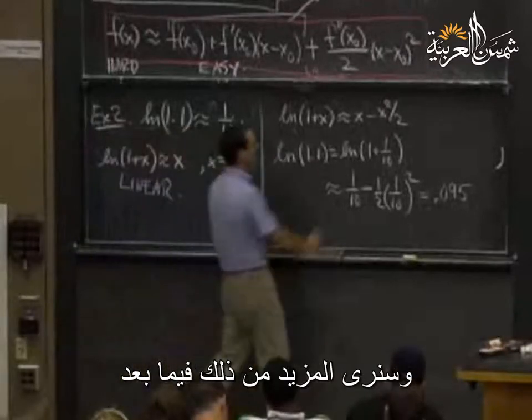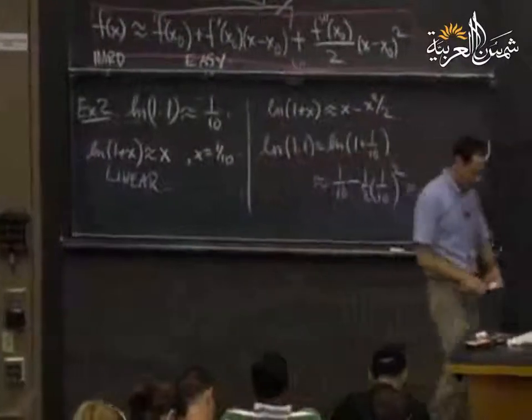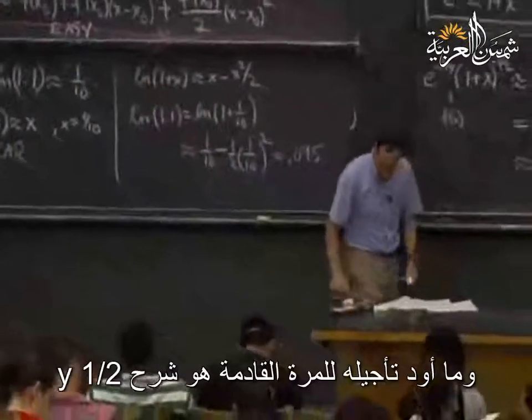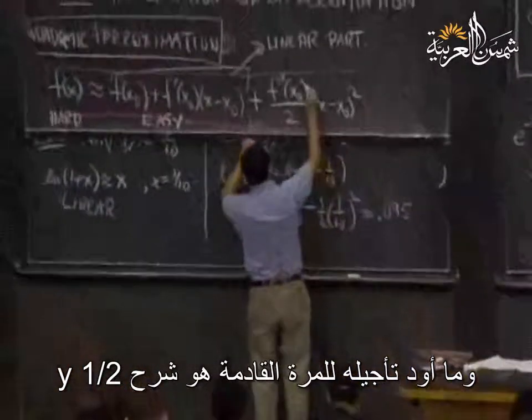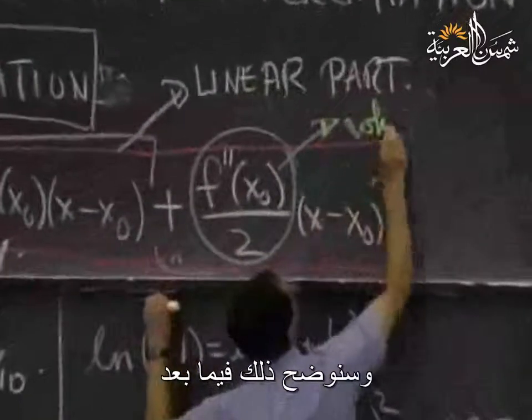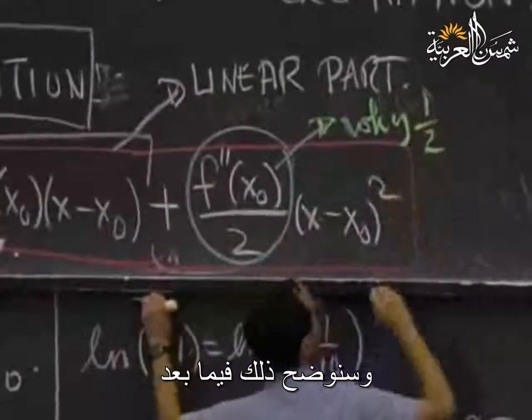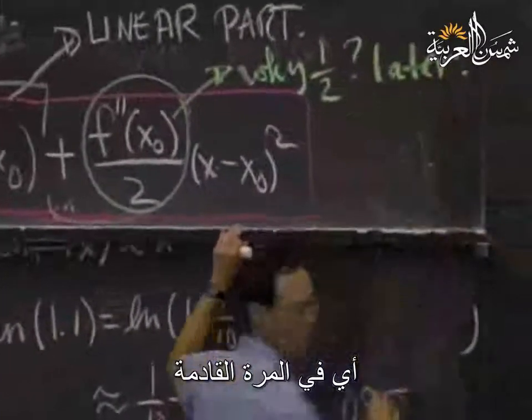All right, so now let me actually check a few of these. I'll carry them out. And what I'm going to probably save for next time is explaining to you why this factor of a half is there, and we're going to do this later. Do this next time.